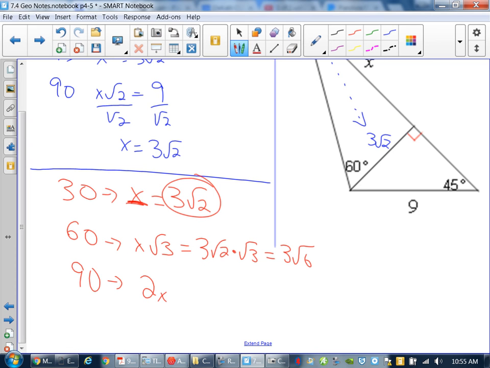You look perplexed. Are you all right? Good. Yes, sir. I plug in... Hold on. Oh, it's supposed to be root 3.